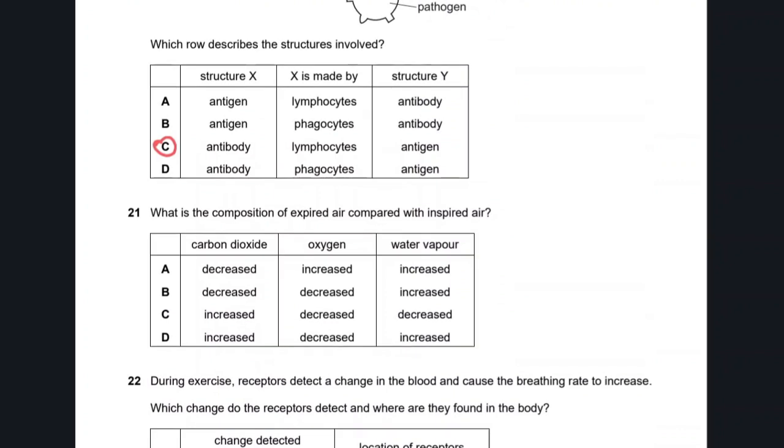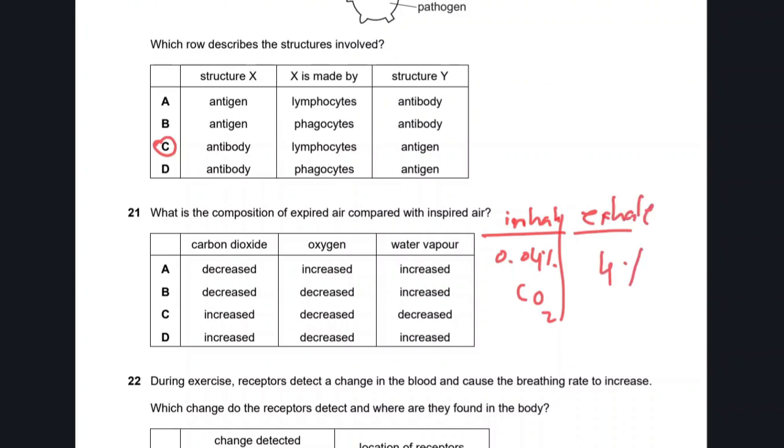What's the composition of expired air and inspired air? If we look, when we inhale, we inhale 0.04% carbon dioxide, and when we exhale, the carbon dioxide level is 4%.